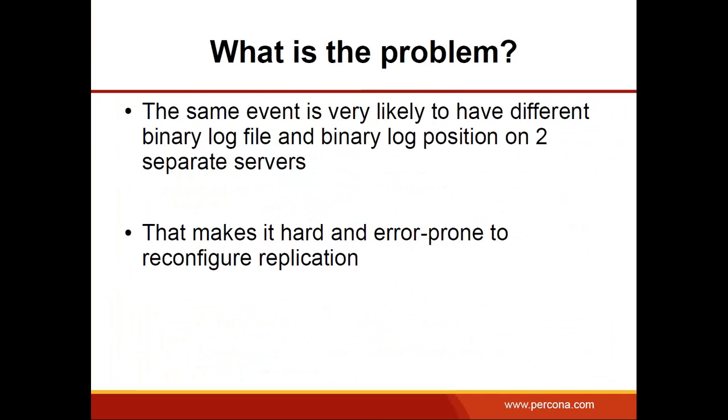So reconfiguring replication, that can be done, but that may be hard, and this is very tedious and error prone. And specifically when you have a crash, you want to do things as quickly as possible, and this is when you have the most opportunities to make mistakes.